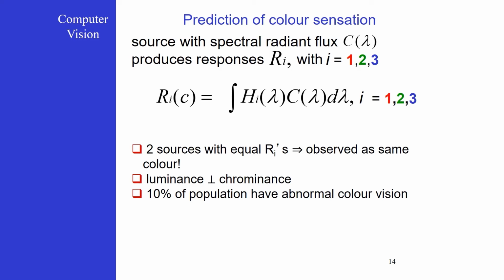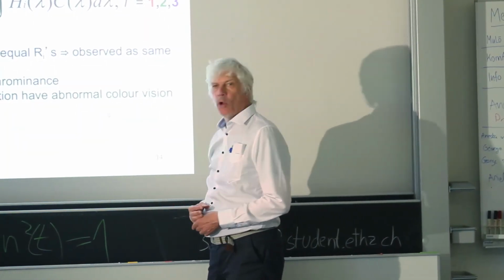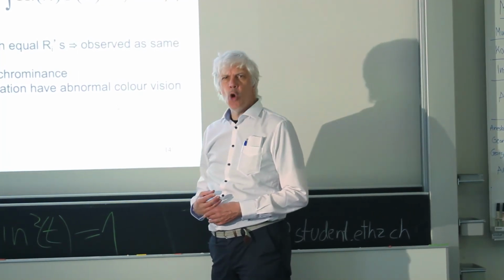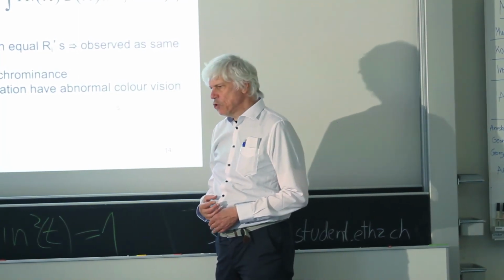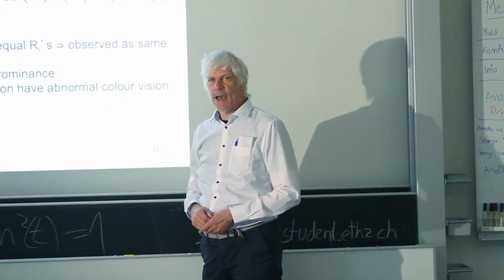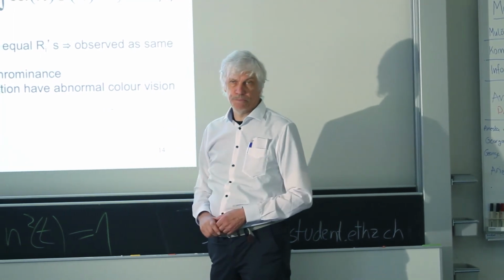Then a word about so-called color blindness. I'm going back to the human visual system here. So about 10% of our population have abnormal color vision. And color blindness is a little bit of a misnomer in a certain sense. What happens in most colorblind people is that they have one cone that is a bit different from the normal cones.